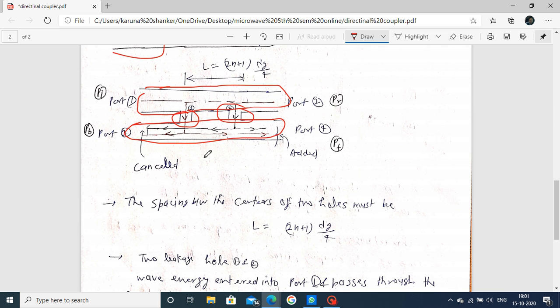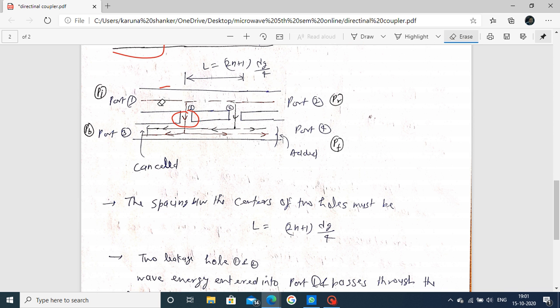Here we consider the two-hole directional coupler, which has two waveguides, the primary waveguide and the secondary waveguide. We create two holes, this one and this one.